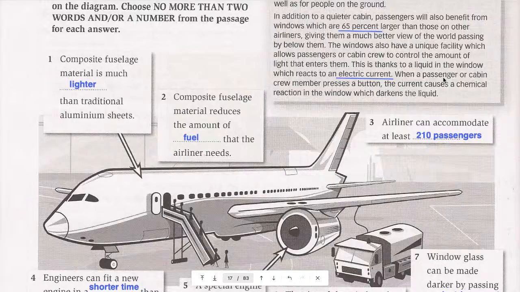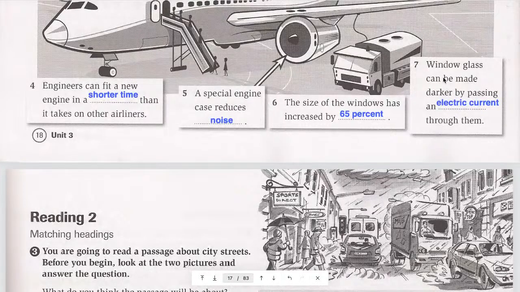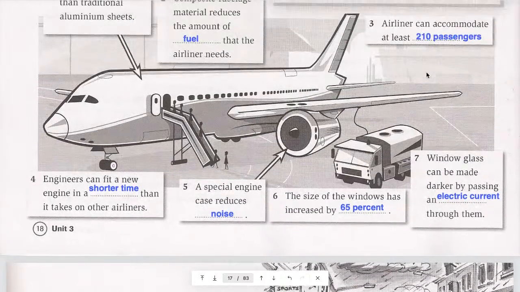When a passenger or cabin crew member presses the button, the current causes a chemical reaction in the window which darkens the liquid, because the liquid becomes darker. So that's why the window glass can be made darker. So the answer can be either liquid or electric current.